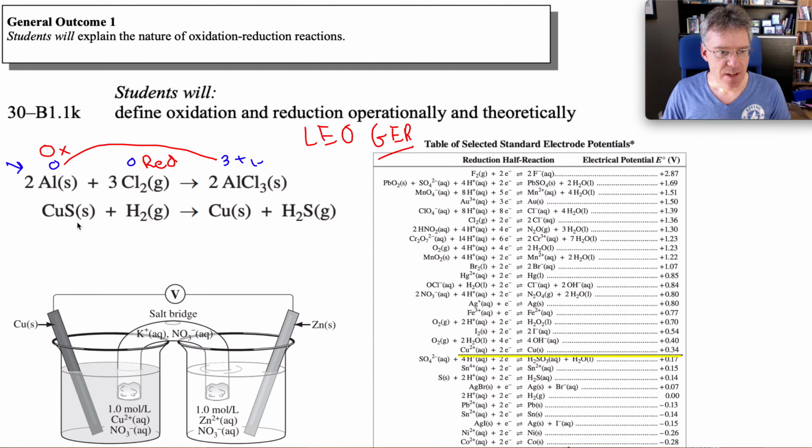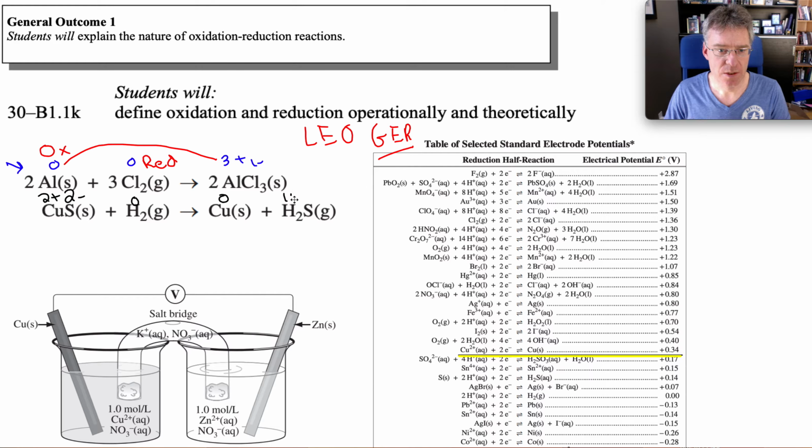Here we just happen to have an ionic compound at the beginning, so we need to identify its charges. Copper is multivalent, so you'd want to start with the sulfur, or sulfide, first. The charge of sulfur is always 2-, so of the two options for copper, this is the 2+, not the 1+. We've got an element in our hydrogen. We've got an element on the product side in our elemental copper, and then we've got another compound.